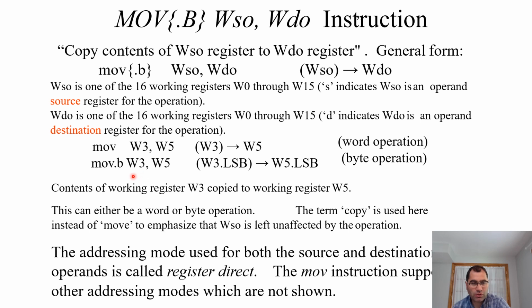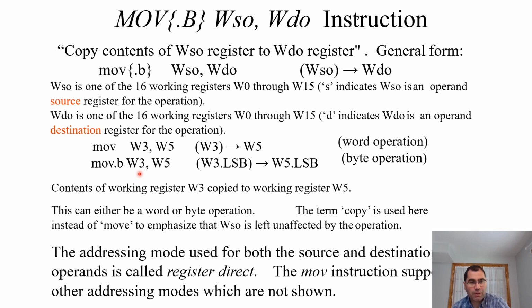So if you do move.b W3 comma W5, it's going to copy the least significant byte of W3 and put it in the least significant byte of W5. If you have a 16-bit value in W3, it's not going to copy all of it.